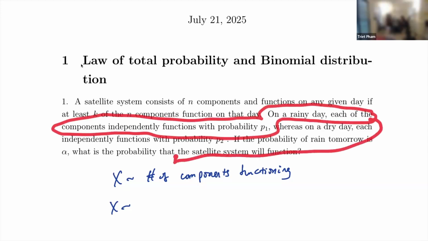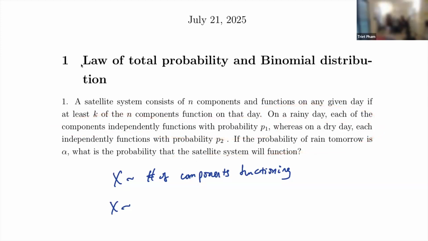What does it tell us about the distribution of the number of components functioning?